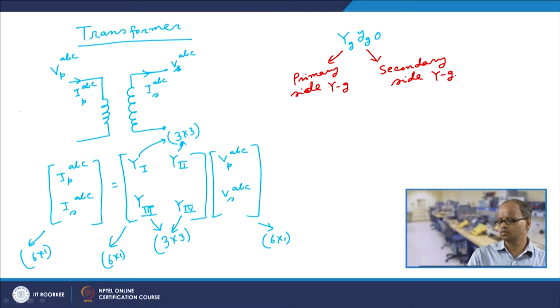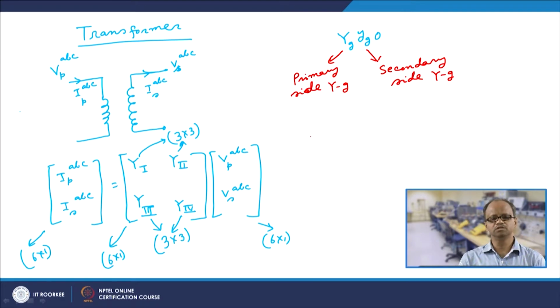So, what we are doing is that we are denoting the primary side with a capital letter, and we are denoting the secondary side with a small letter.